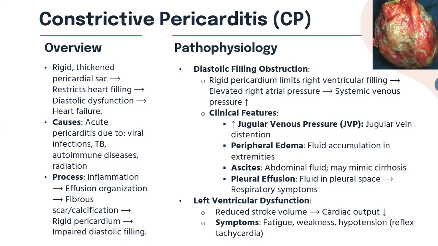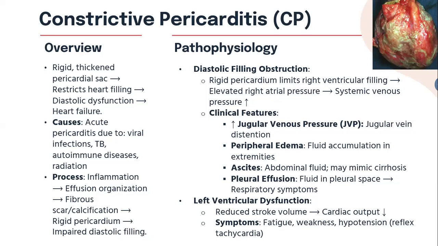So now as blood flows from the right atrium into the right ventricle, the ventricle expands until it reaches the limit imposed by the constricting pericardium. Okay, so this now results in a sudden halt in further filling, leading to elevated right atrial pressure.